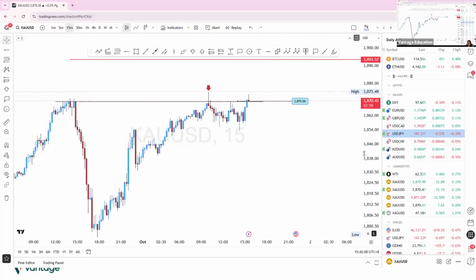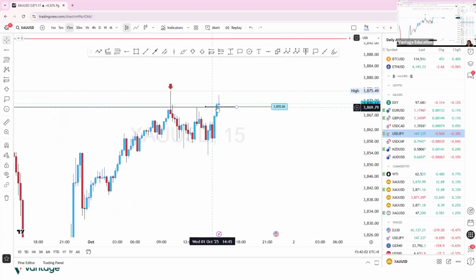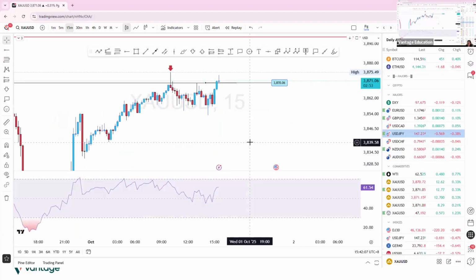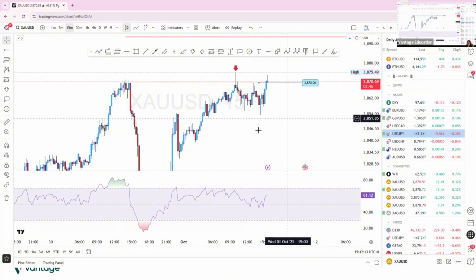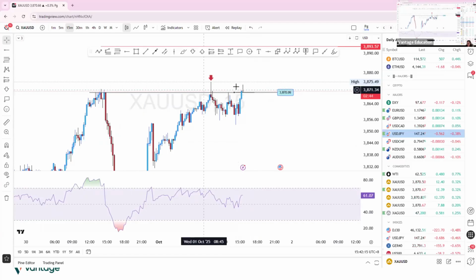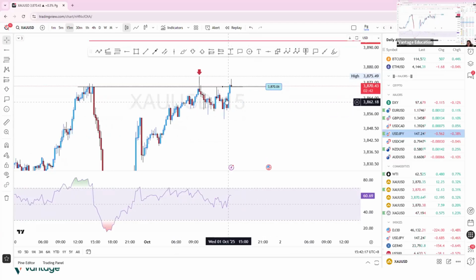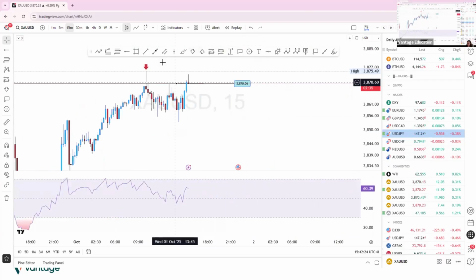Okay, if price closes above, now I go back to the M15. Now if somebody just now bought here, a lot of people still want to sell, right? So what we're gonna do here, whenever the market structure is not very clear, we don't trade. To me, if I want to buy, I'm not gonna buy here. At least I'm gonna buy somewhere around this level, which is M15.